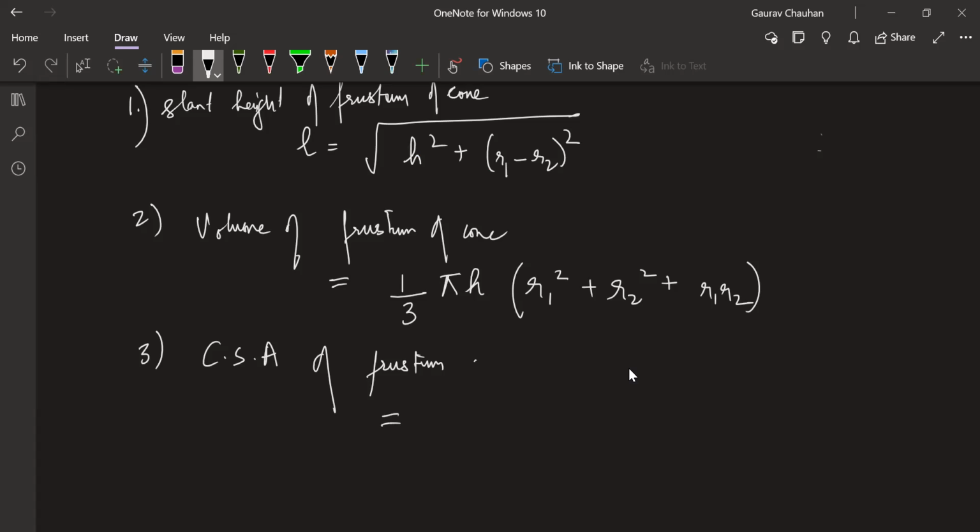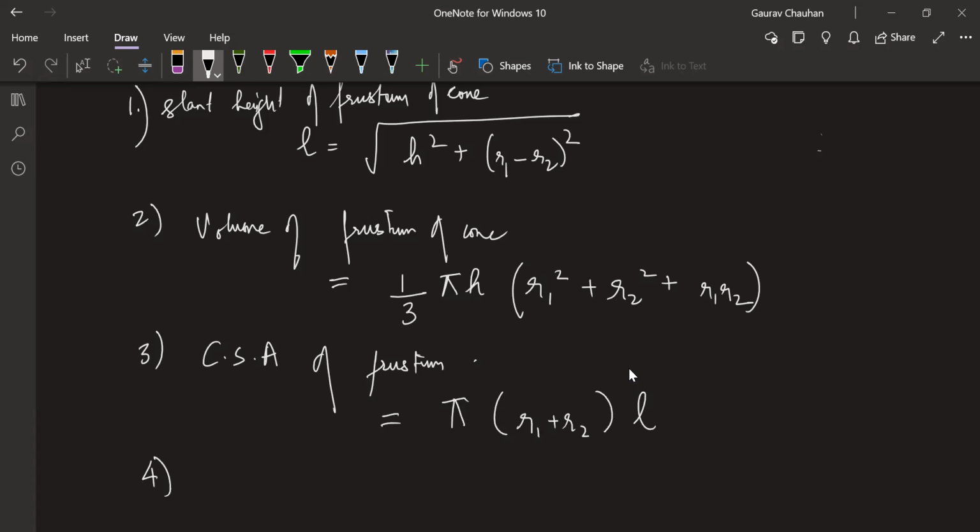Here it will be similar: pi, in place of r something else, then l. In place of r you will have R1 plus R2. Formula is easy to remember.